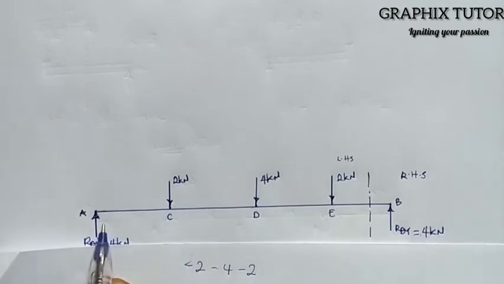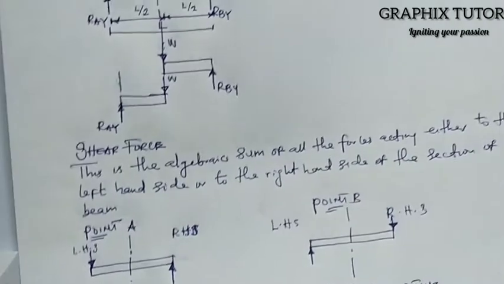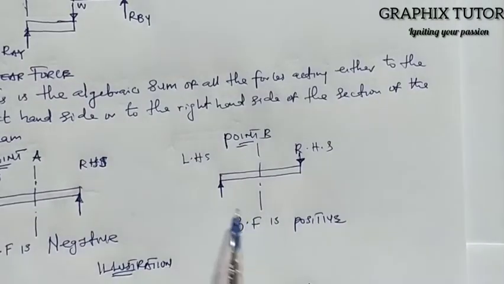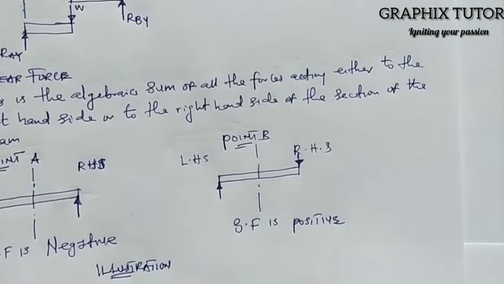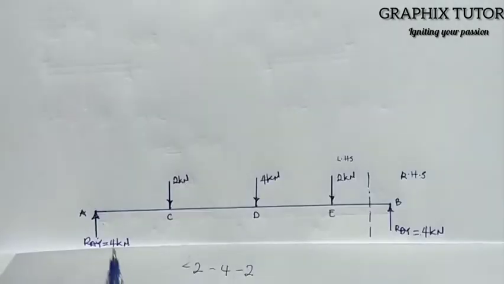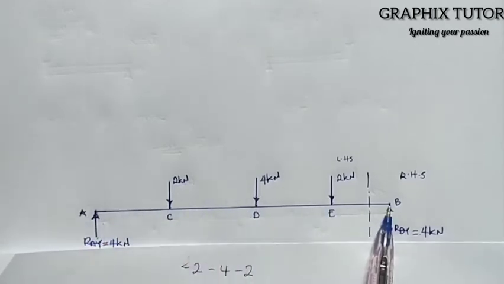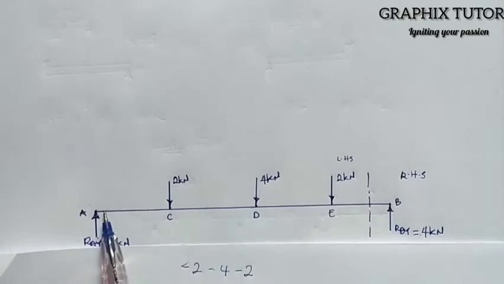But when it's facing up at the left hand side, what happened? When it is facing up at the left hand side, shear force is what? Positive. And this is facing up at the left hand side, because all these forces here are in the left hand side. It's only arrow BY that's at the right hand side, so it's facing up, so it's positive.